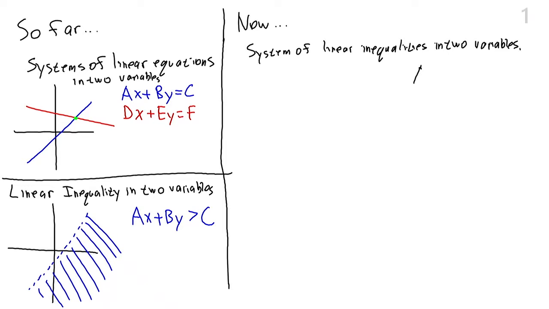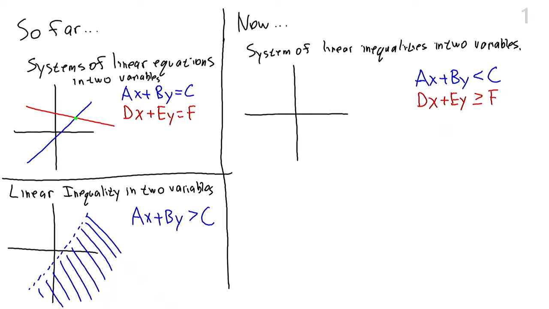That's going to look like ax plus by less than or greater than or less than or equal to c, and dx plus ey, let's say greater or equal to f, though the inequality signs can be anything.